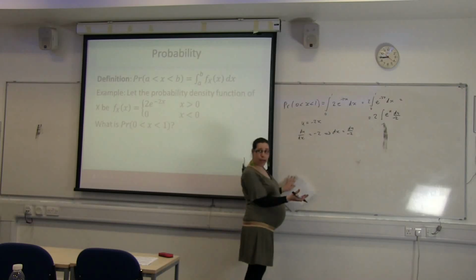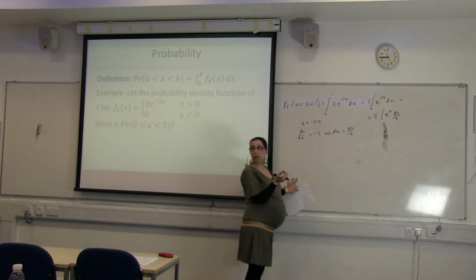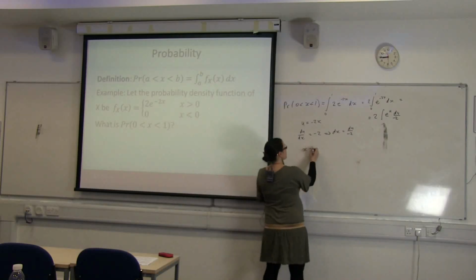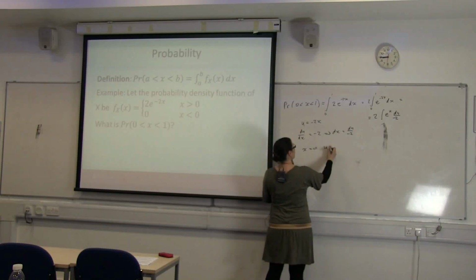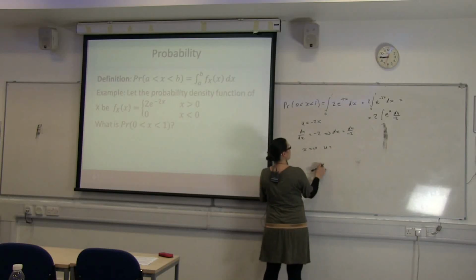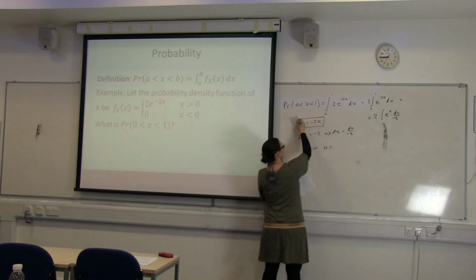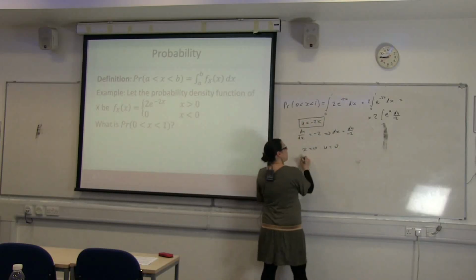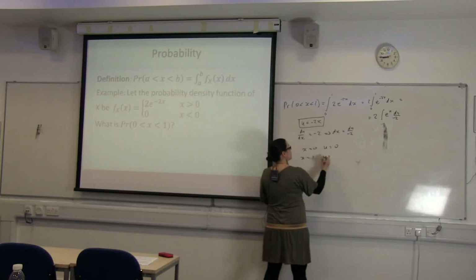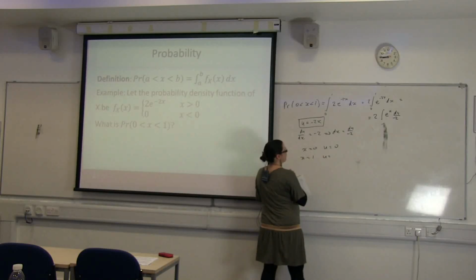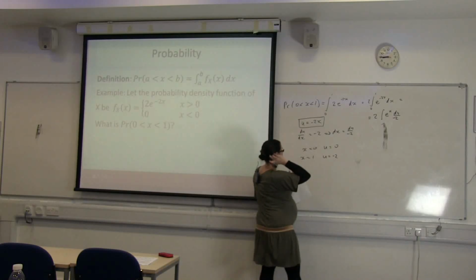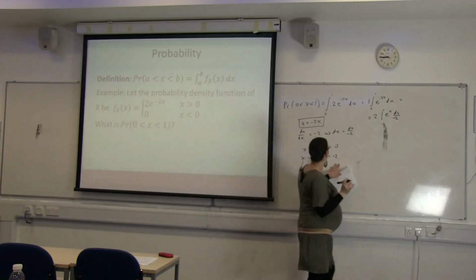Because I introduced u now, and it's a definite integral, I need to find a new limit. So if x was 0, u is 0, and if x is 1, u is minus 2.